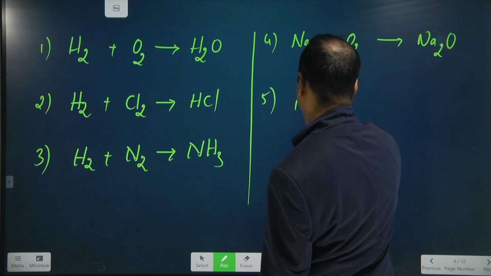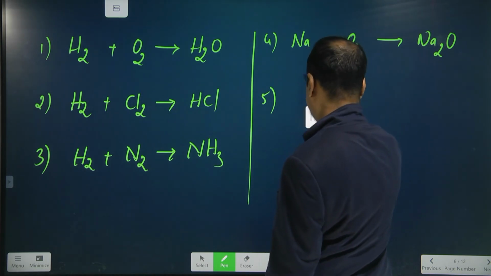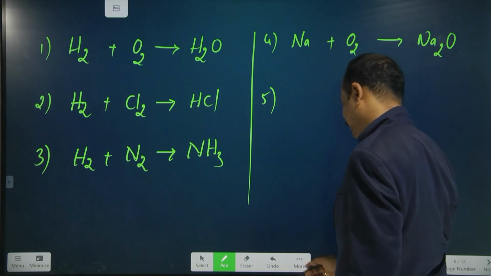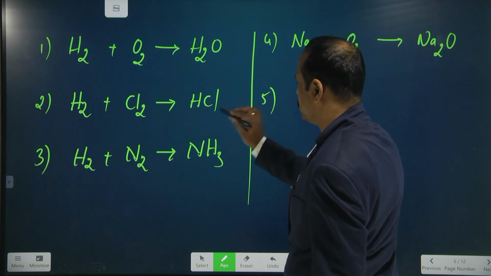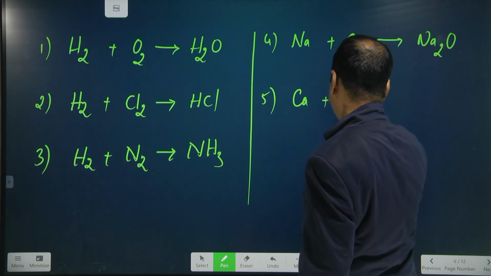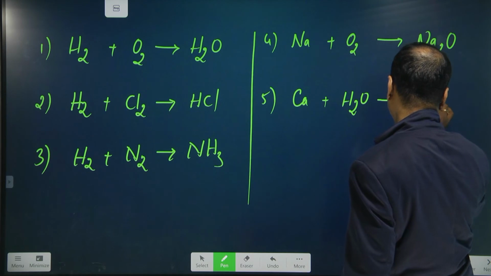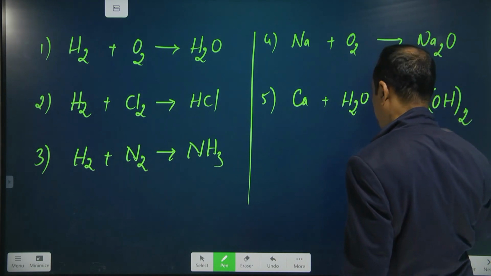Sodium plus, instead of sodium I'll take water now. Instead of sodium I'll take magnesium, otherwise anything I can take. I'll take calcium. Calcium plus water gives rise to calcium hydroxide, CaOH taken twice.